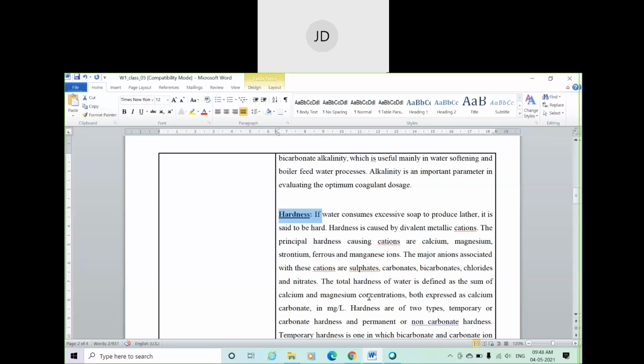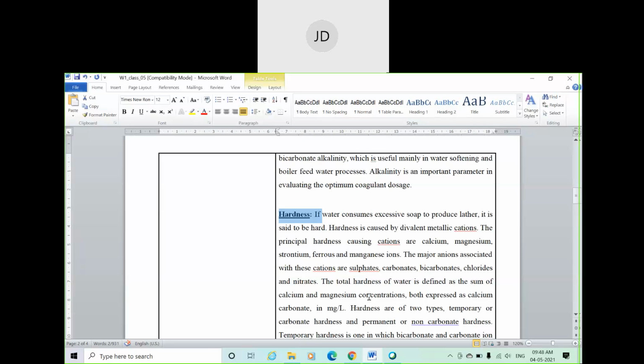It doesn't contain any minerals, it only contains some amount of salt. That's why if you taste rainwater, you can feel some salty taste. It's very soft water.